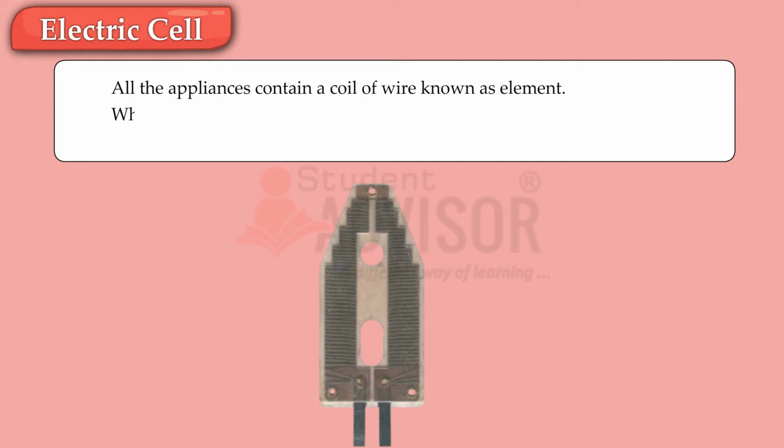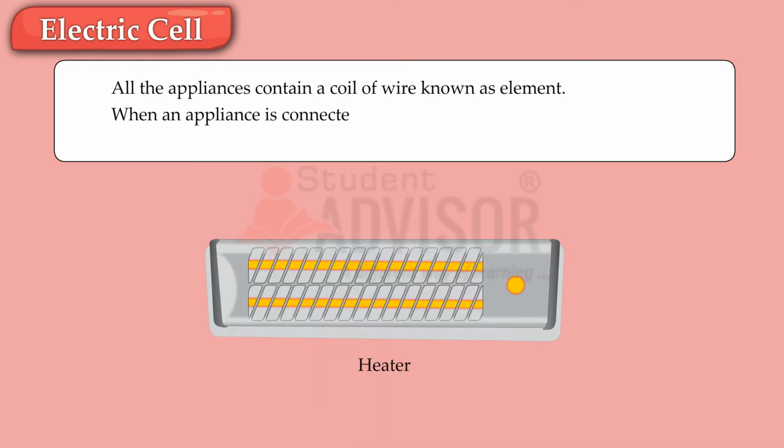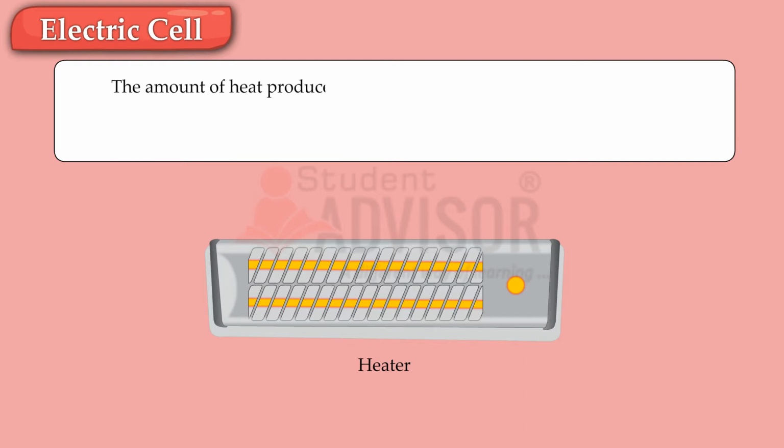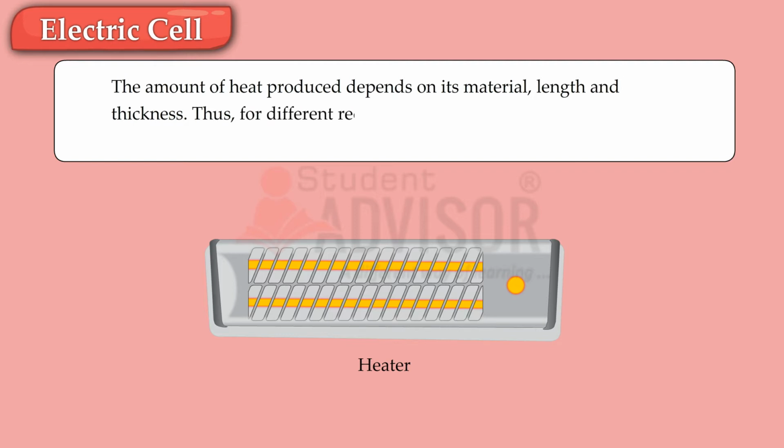When an appliance is connected to the electric supply, its element is heated and becomes red hot. The amount of heat produced depends on its material, length, and thickness. Thus, for different requirements, wires of different materials, lengths and thicknesses are used.